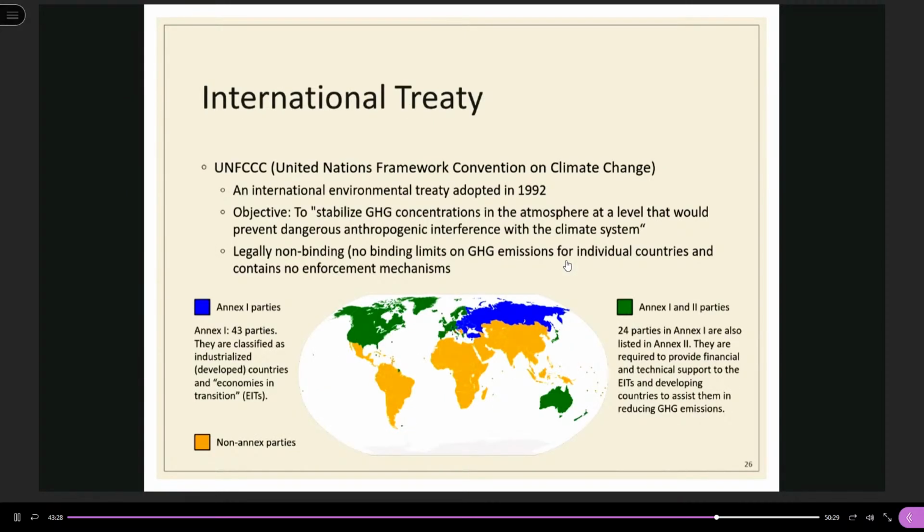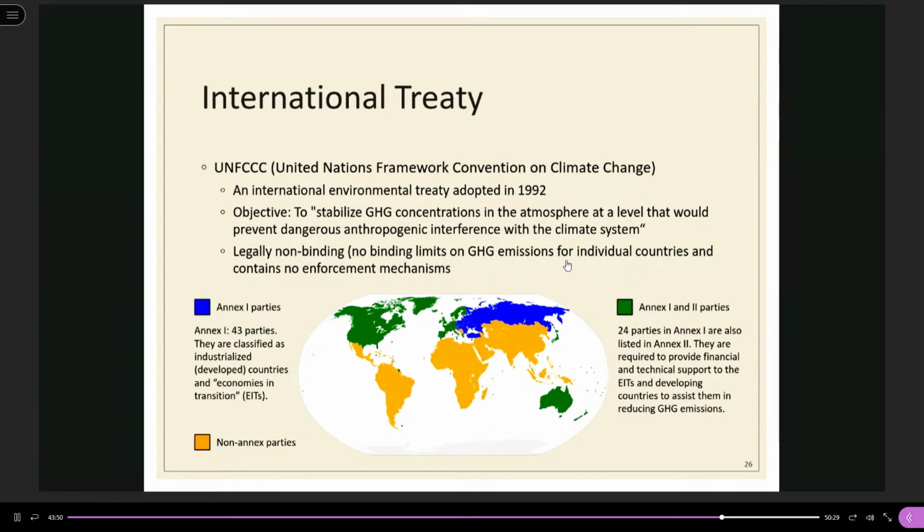So for country to country, they have international treaties. The UNFCCC is the United Nations Framework Convention on Climate Change, an international environmental treaty adopted in 1992.